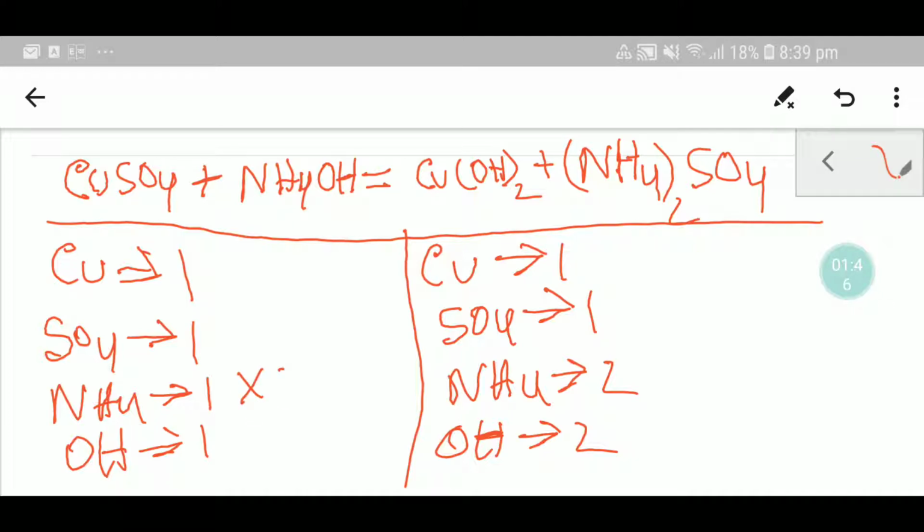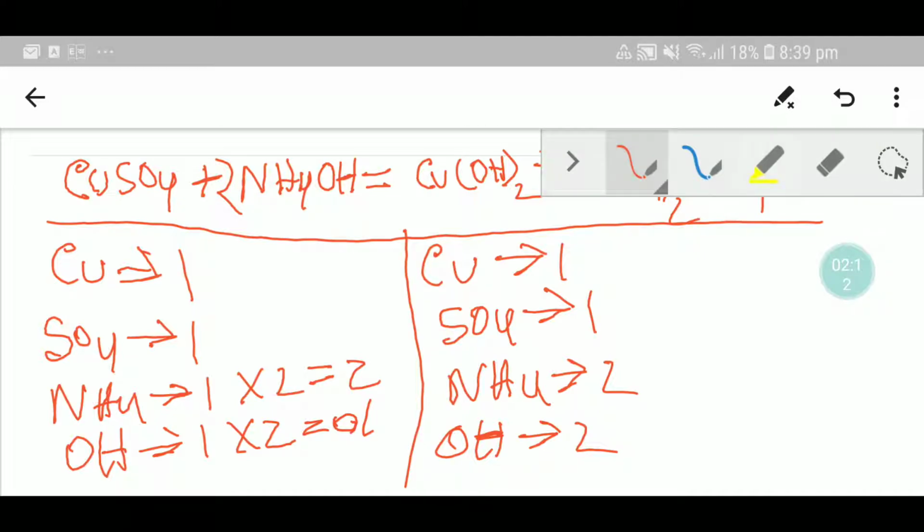What can I do? I can multiply here by 2, that gives me 2, and these two must come before this ammonium, that is, I have to put the coefficient 2 here on the ammonia, and this 2 is applicable for both. So we have two ammonium and two hydroxide. So I have to update the number of my hydroxide ions.